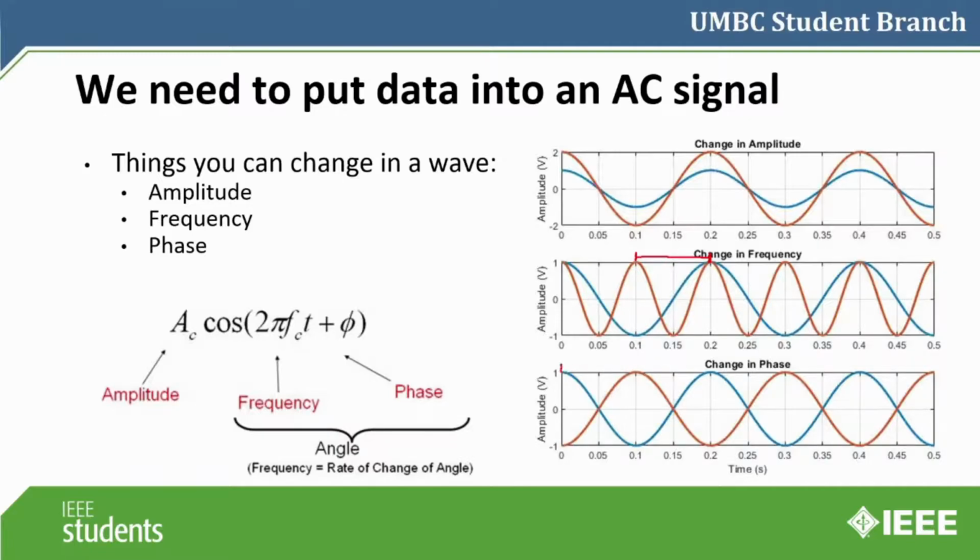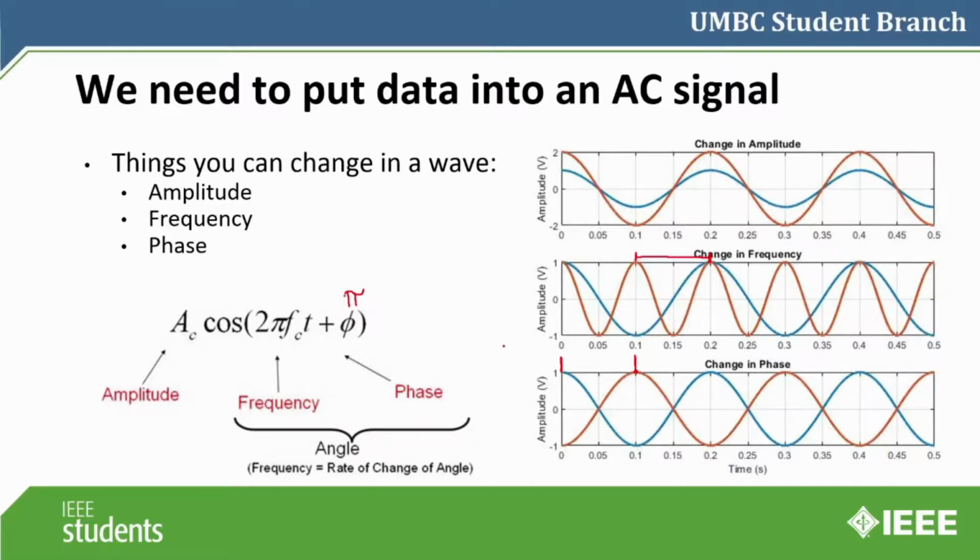So here is a wave with 0 phase, and here is a wave with a phase of, I believe, pi. So this would be plus pi. And what this offset does is it allows us to change when the peak is. And so these are the three things we can change in a wave.